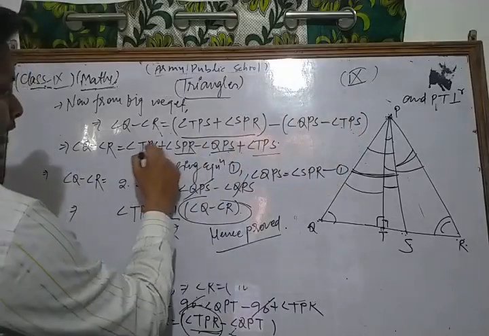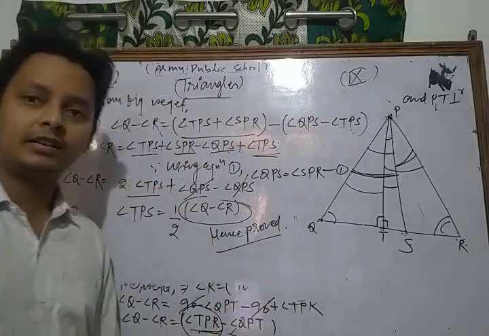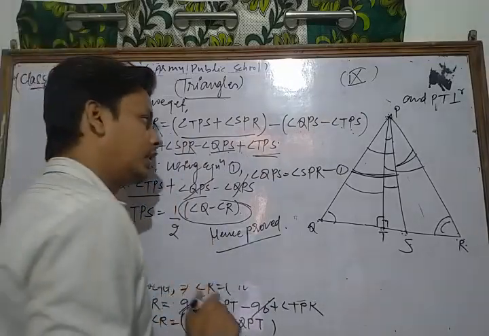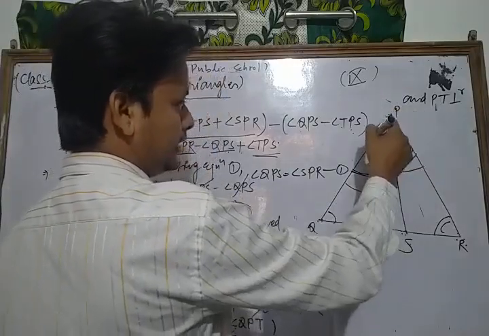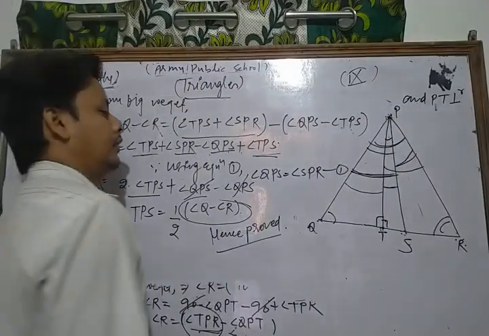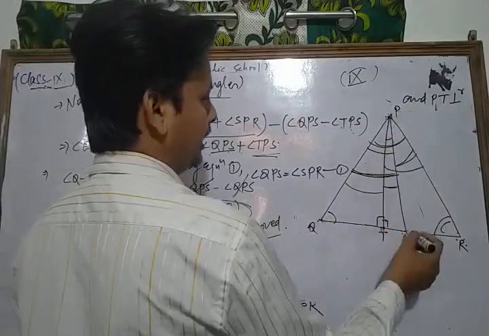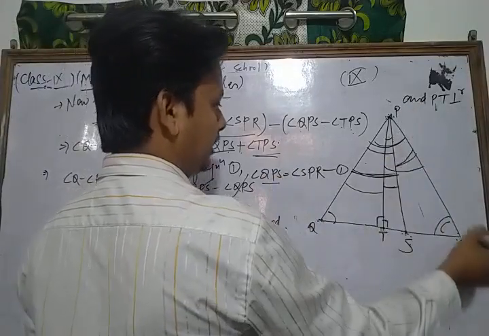Now angle TPS becomes 2 times angle TPS, and in the start we take equation 1. Because PS is the bisector of angle P, this is the angle P, and PS is the bisector of angle P, so angle QPS is the same as angle SPR.